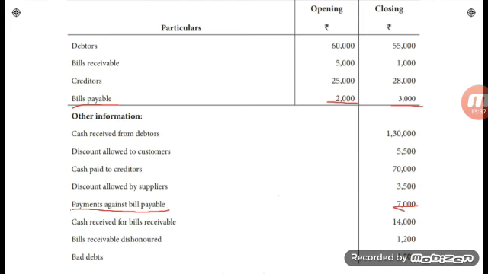Then all other items on the opposite side. Here only one item affects bills payable. What is that? Payment against bills payable. Enter that on the debit side as to cash account or cash paid on bills payable, amount 7,000. Then enter the closing balance as to balance carried down 3,000.